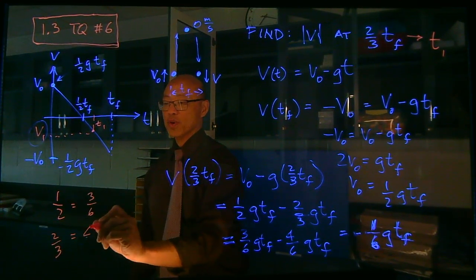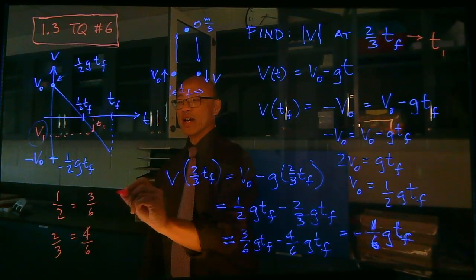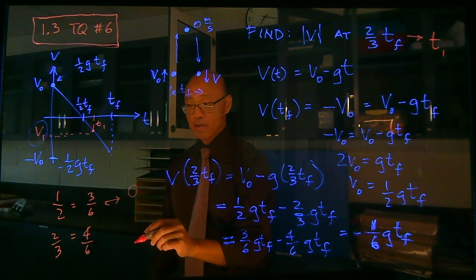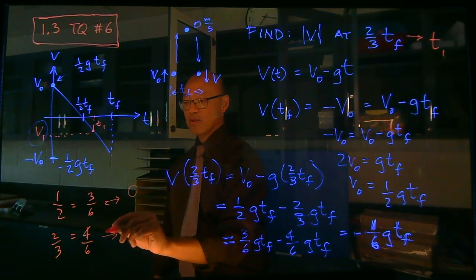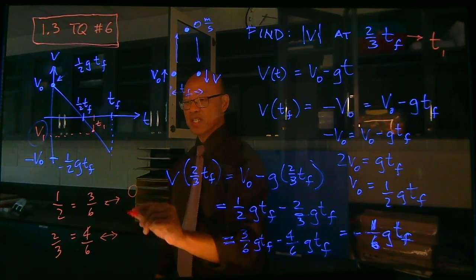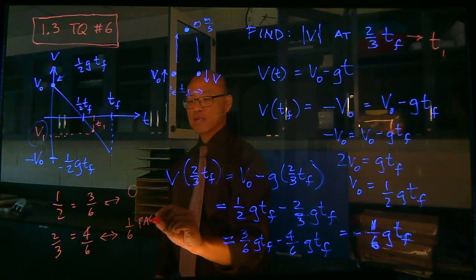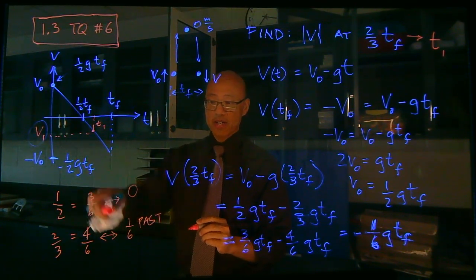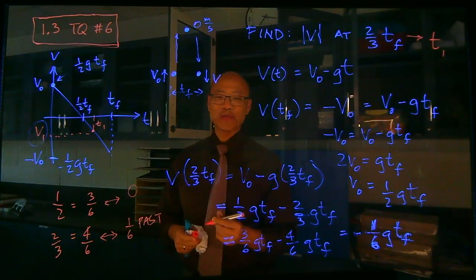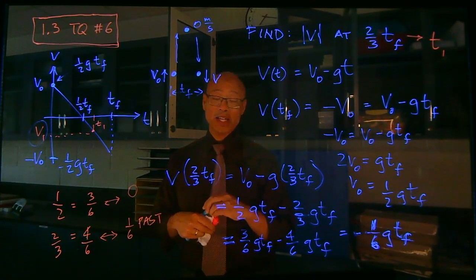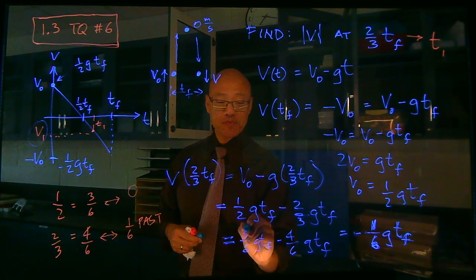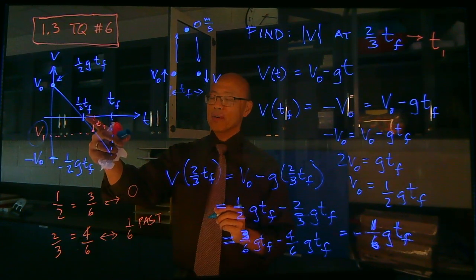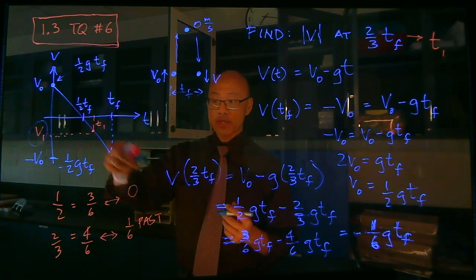So at the halfway point, if at the 3/6 point my velocity is 0, then over here I've gone 1/6 past my 0. So I would have increased my velocity proportionately. The canonical solution is phrased in terms of being another 1/6 of TF from 0. That's where I am at 2/3 TF.